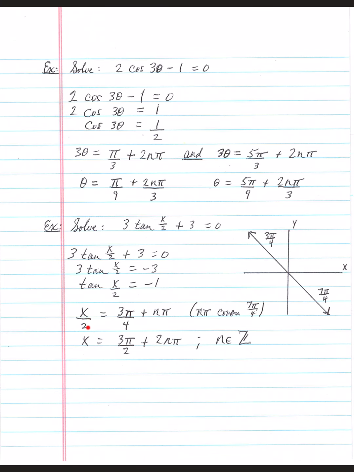This one is x divided by 2. What's the opposite of dividing by 2? That's right, multiplying by 2. So we take x over 2, set it equal to 3 pi over 4, add a pi generator to cover all angles, and then times 2, 6 pi over 4 reduces to 3 pi over 2, and then this 2 multiplied here gives us 2n pi.